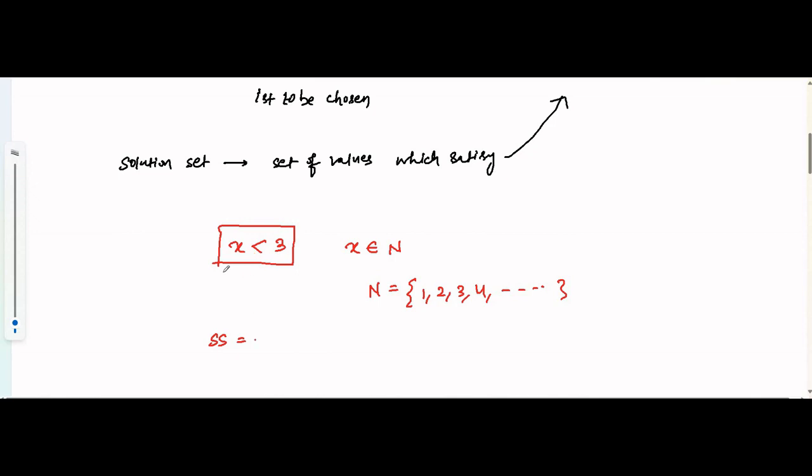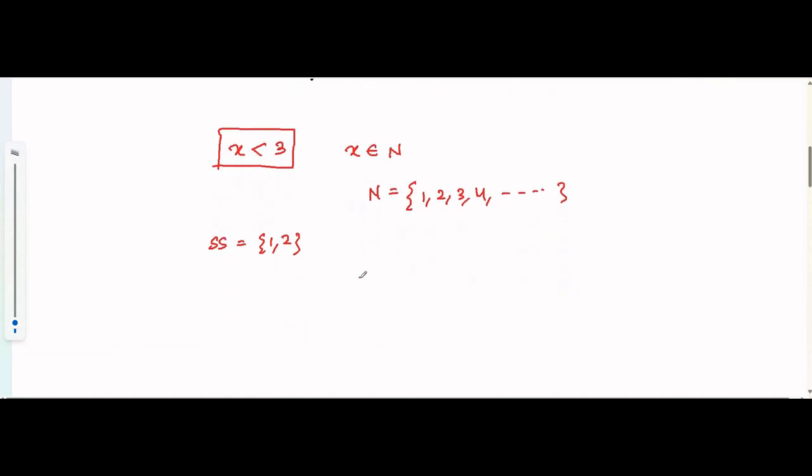So the solution set will be 1, 2. Suppose the replacement set had been x belonging to the whole numbers. In that case, the solution set would have been 0, 1, 2, because whole numbers simply add a 0 to 1, 2, 3, and so on.